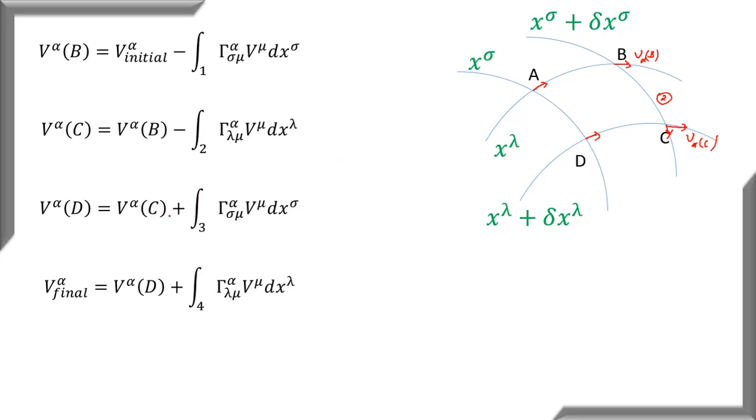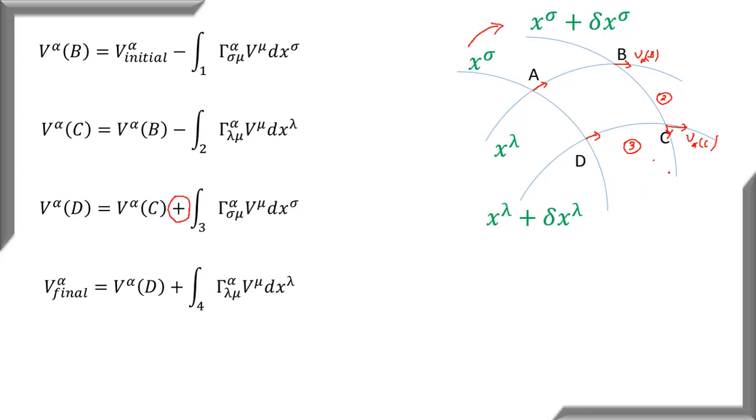This is V alpha at D, and you can see that we here have a plus sign. This is because when I parallel transport it along the path C, actually I am coming in the negative E sigma direction. We know that this is a positive E sigma direction when I move from x sigma to x sigma plus dx sigma.